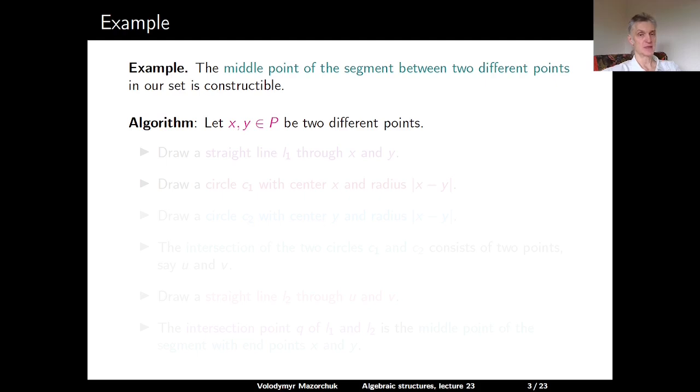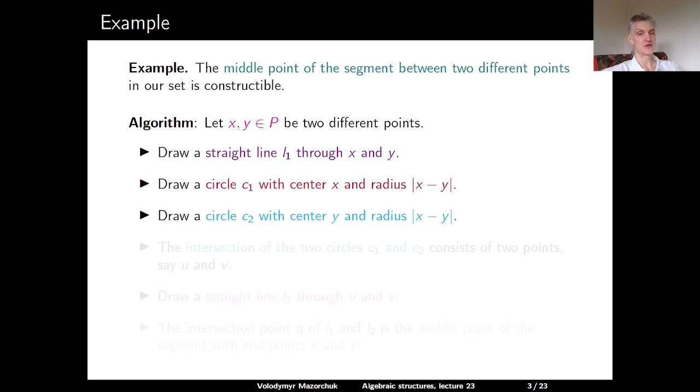So let x and y be 2 different points in our set P. We can draw a straight line, which we call L1, through x and y. Next, we draw a circle C1 with center x and radius |x − y|, so the distance between x and y. And then we draw a circle C2 with the center y and the same radius.